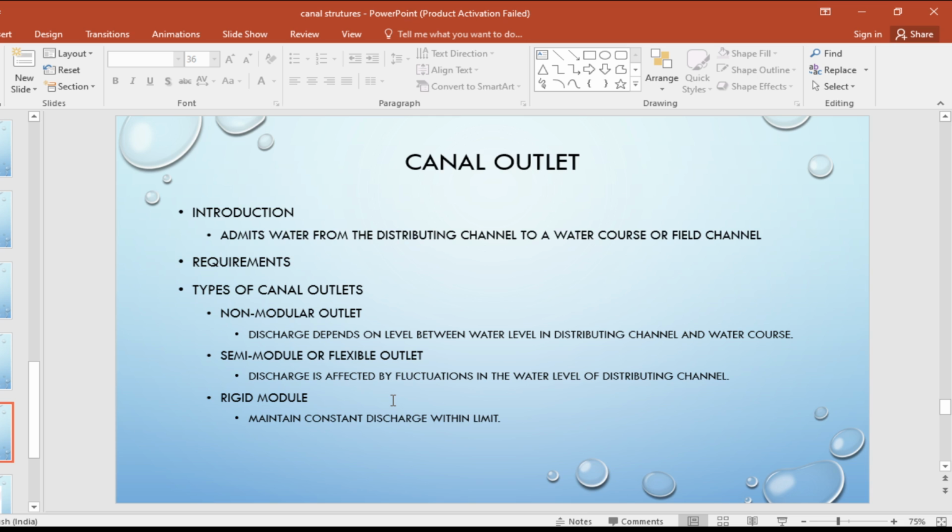A flexible outlet or a semi module outlet is the one in which the discharge is affected by the fluctuations in water level of distributing channel, while the fluctuations in water level of field channel do not have any effect on the discharge. Okay, it is very simple if you can imagine this.